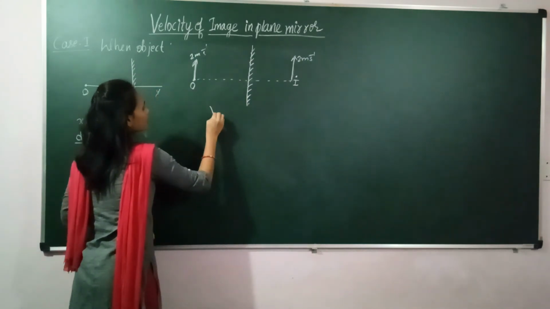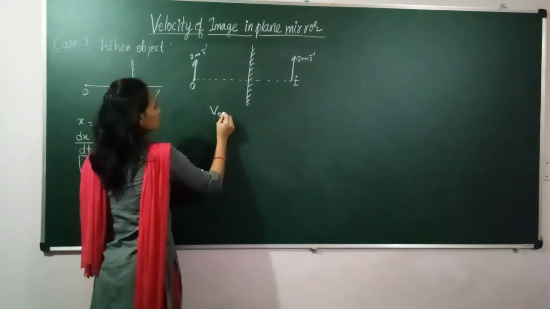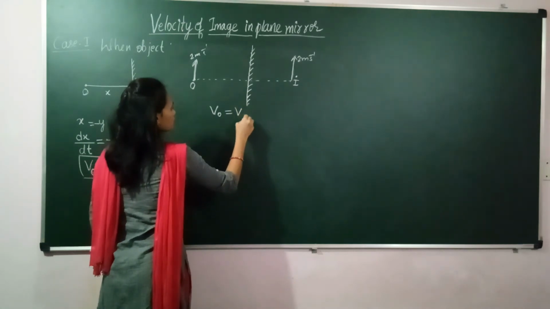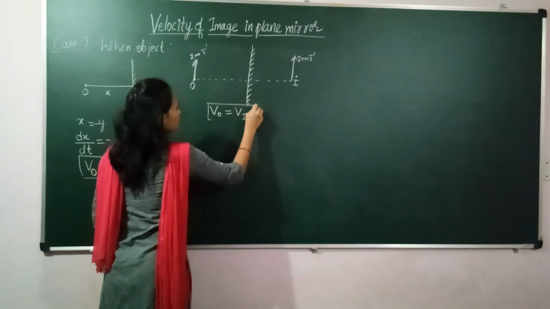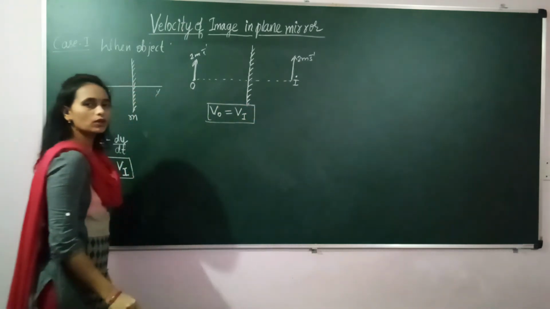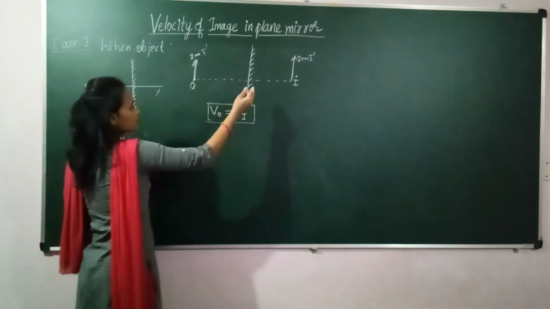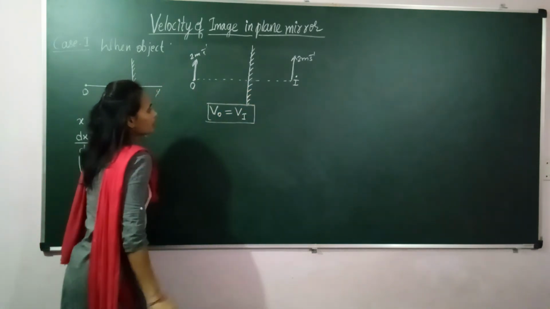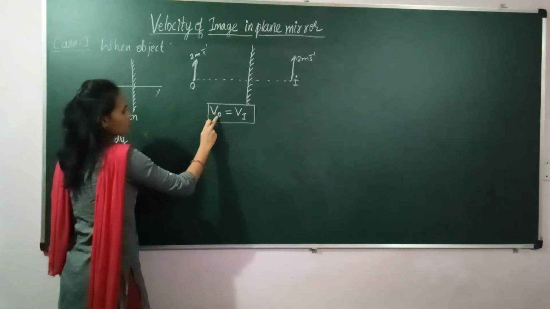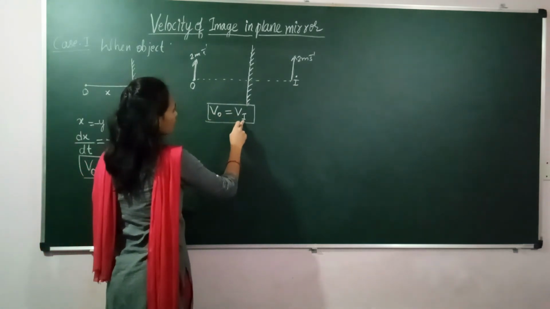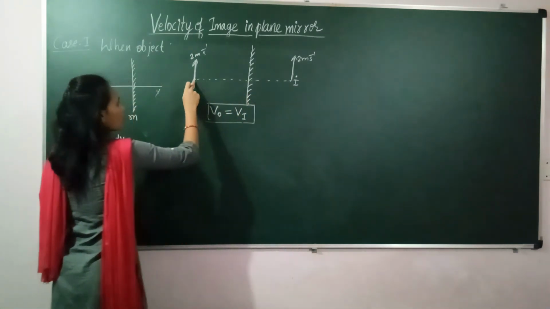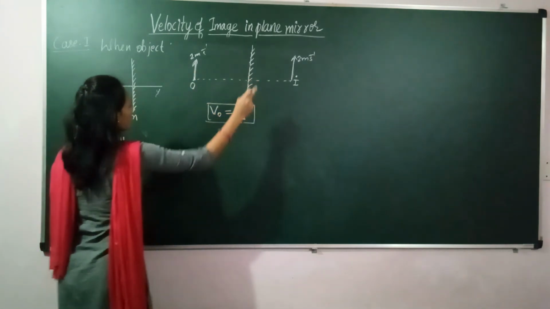So both are moving in the same direction and at the same speed. So in this case we can write velocity of object is always equal to velocity of image. There is no need to write any negative sign because both are traveling in the same direction. So this is the relation between velocity of object and velocity of image when the object is moving parallel to the mirror.